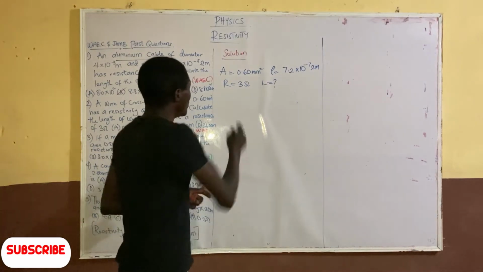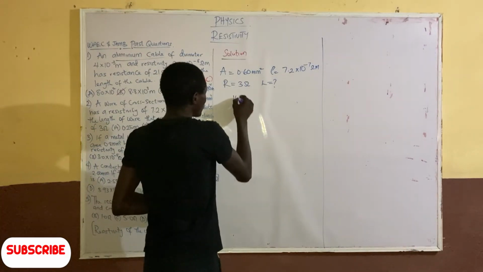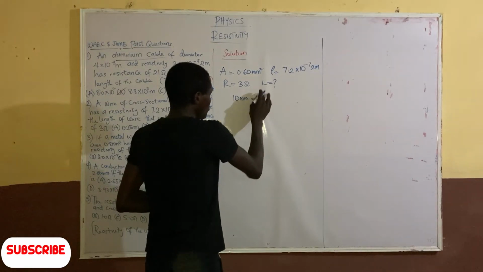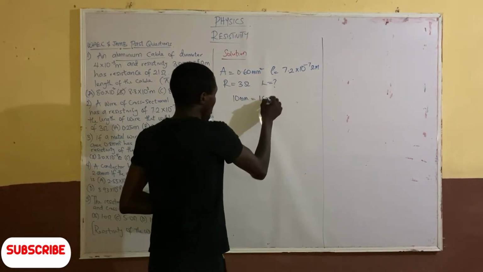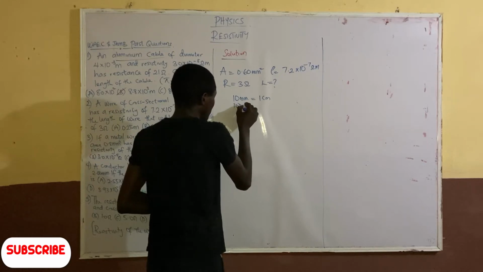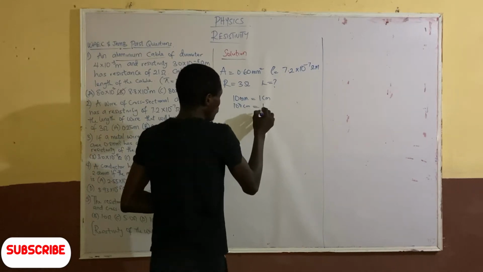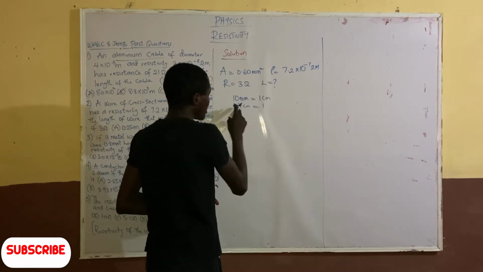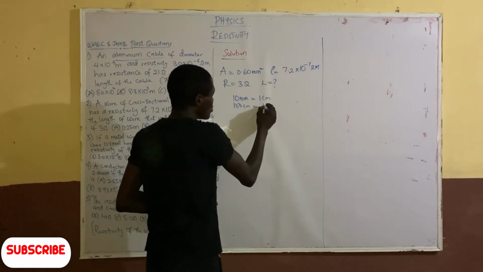Now how do you convert? Look at this. We know that 10 millimeter is equivalent to 1 centimeter, and 100 centimeter is equivalent to 1 meter.